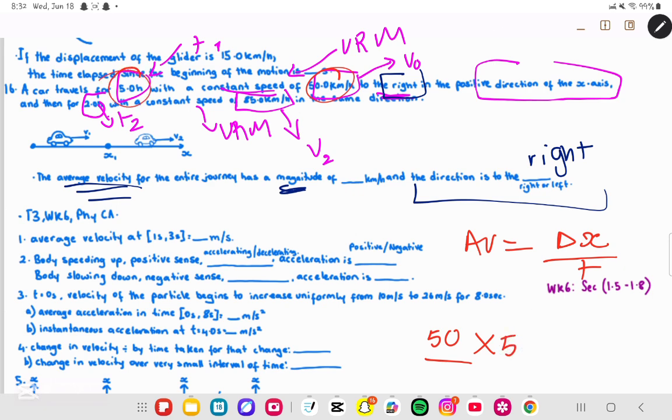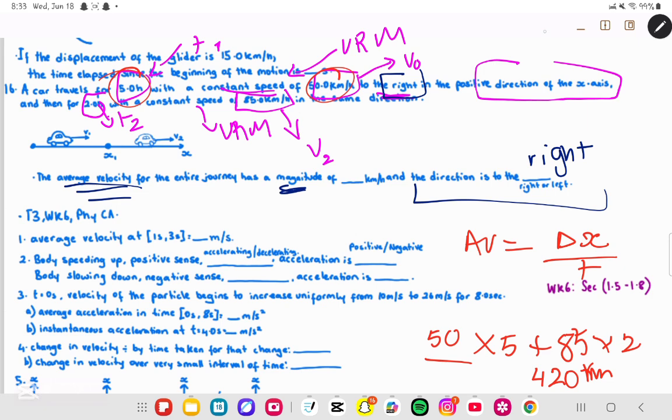So 50 kilometers per hour times 5 hours, plus the second velocity, which was 85 kilometers per hour, times 2 hours. You will add these two together and you will find the total displacement moved. So 50 times 5 plus 85 times 2 will give us a total displacement of 420 kilometers.